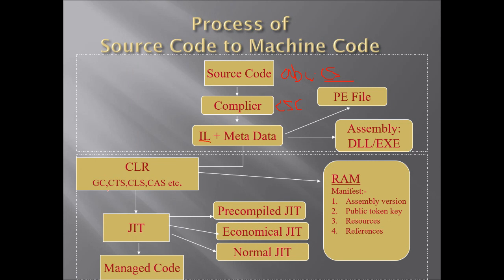The second check the CLR will perform is CTS, the common type system. As we know, .NET supports multiple languages, and here we are using C sharp, and the CTS is just checking and applying rules about types. Different languages have different syntax. For example, in Visual Basic, we write integer as a complete word, integer.